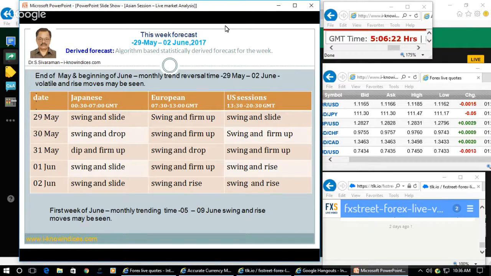Then from last week, they started slowly making the slide, inducing the traders who are not able to take any position to take the buy position during the slide, and then on Friday they induce them to liquidate the long positions.